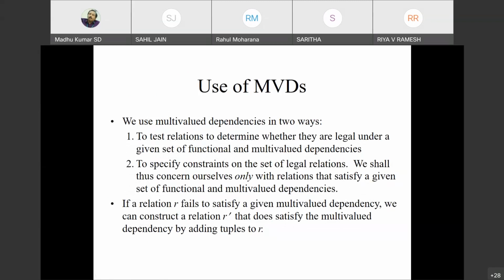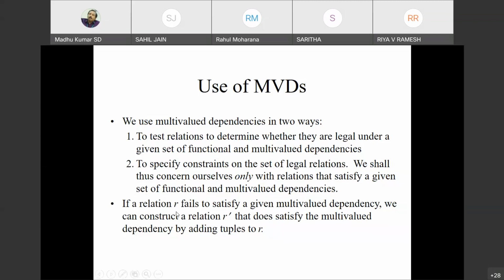So multi-valued dependencies, MVDs, are used in two ways. To test relations to determine whether they are legal under a given set of functional and multi-valued dependencies. Then, to specify constraints on the set of legal relations; we shall thus concern ourselves only with relations that satisfy a given set of FDs and multi-valued dependencies.